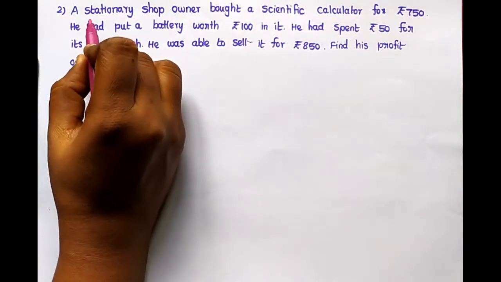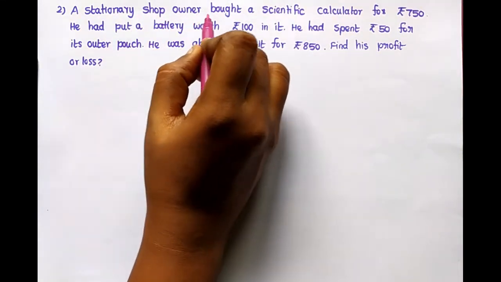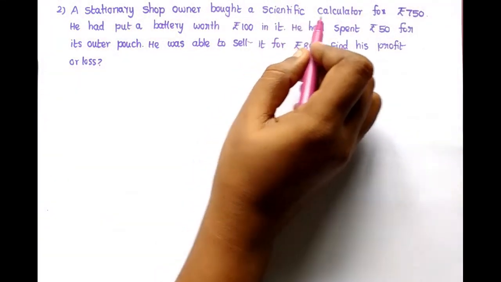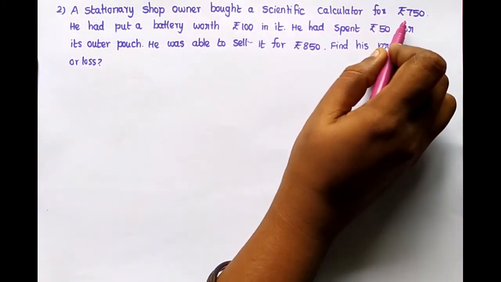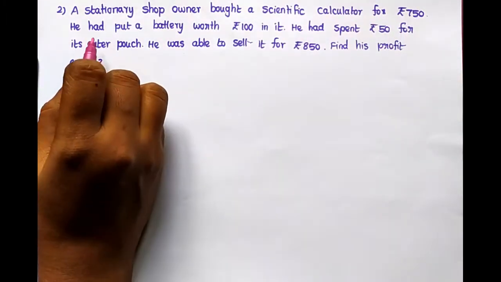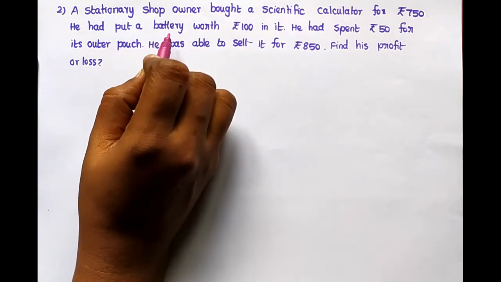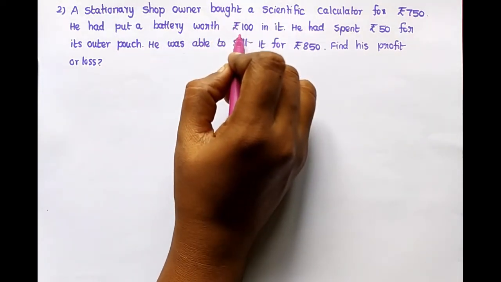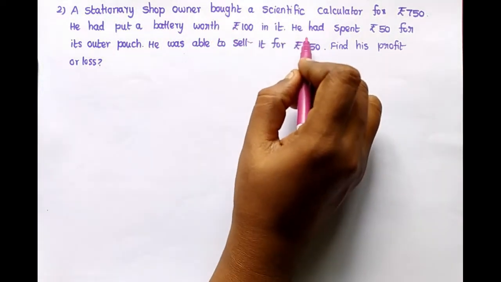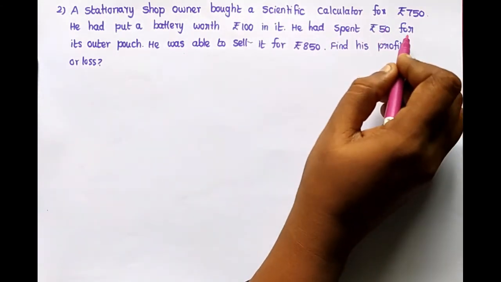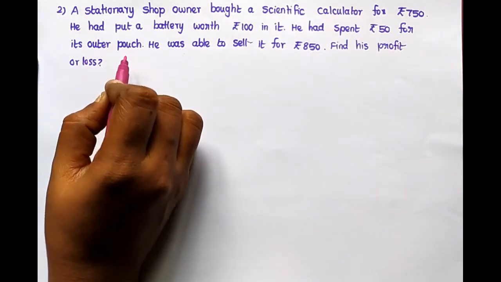Second sum. A stationery shop owner bought a scientific calculator for rupees 750. He had put a battery worth rupees 100 in it, and he had spent rupees 50 for its outer pouch.